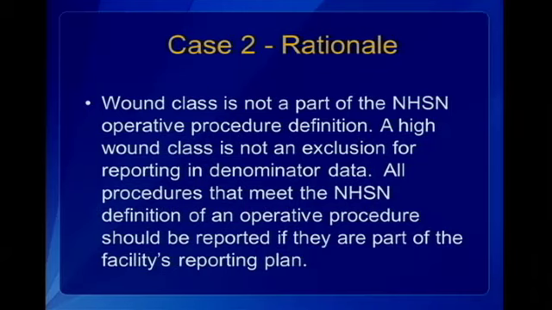So good job on that. Wound class, I keep telling you my rationale before I go to it, is not a part of the NHSN operative procedure definition, and a high wound class is not an exclusion for reporting in your denominator data. All procedures that meet the NHSN definition of an operative procedure should be reported if they're part of your facility's reporting plan.